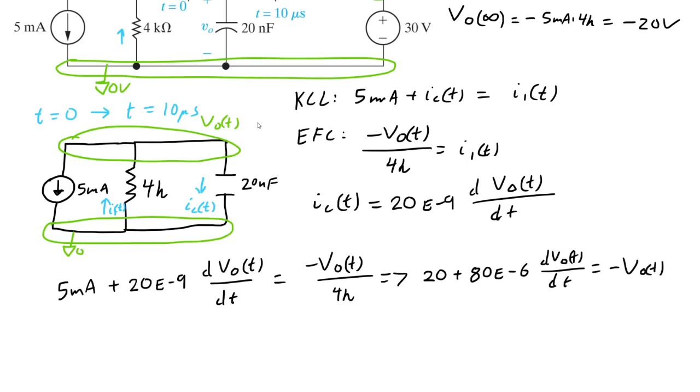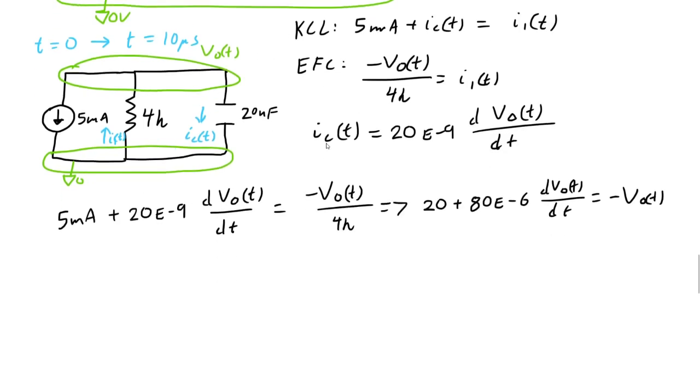So we're going to get into the standard form. Let me find out what the tau is. Okay, it's 1 over 12,500. So I'm going to move the 20 to the other side and move the VO to the other side, and have 20 divided by tau, which is a voltage.